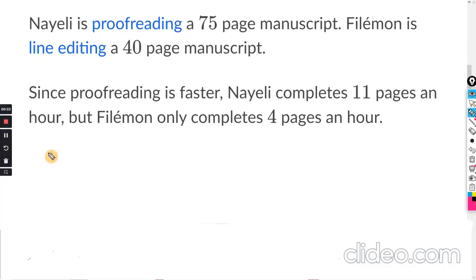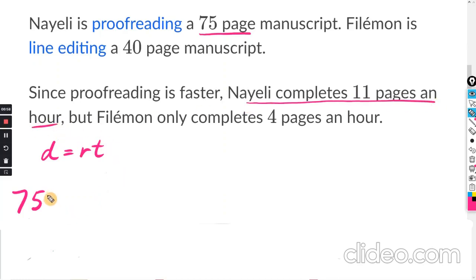Alright, we're still using the basic formula. Distance equals rate times time. Okay, so for Nayeli, she starts with 75 pages, and she completes 11 pages an hour.